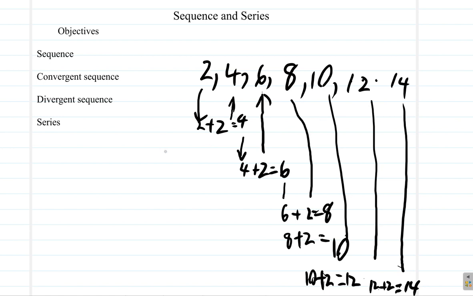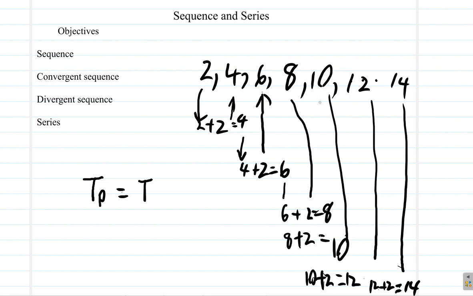Now, one general rule for this, if we want to use some letters to see what the formula was, what the rule was that generated the sequence, you could say the term in a certain position, call it TP, is generated from the term in the previous position.